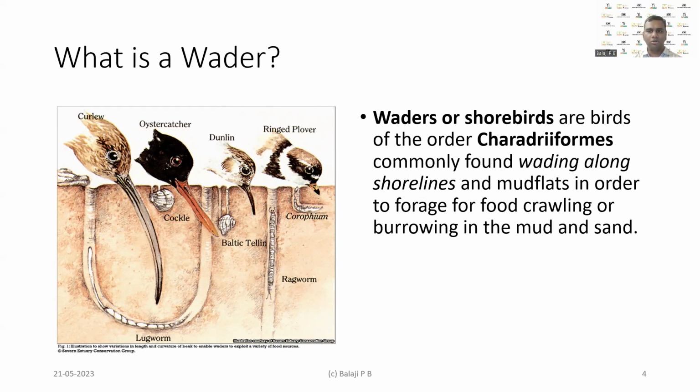So waders or shorebirds all belong to the order Charadriiformes, and they're typically called waders because they are commonly found wading along shorelines and mudflats in order to forage for food, crawling and burrowing in the mud or sand. This is how they feed, and they are usually seen along the shorelines and sometimes in the water also. So that's why they are called waders.